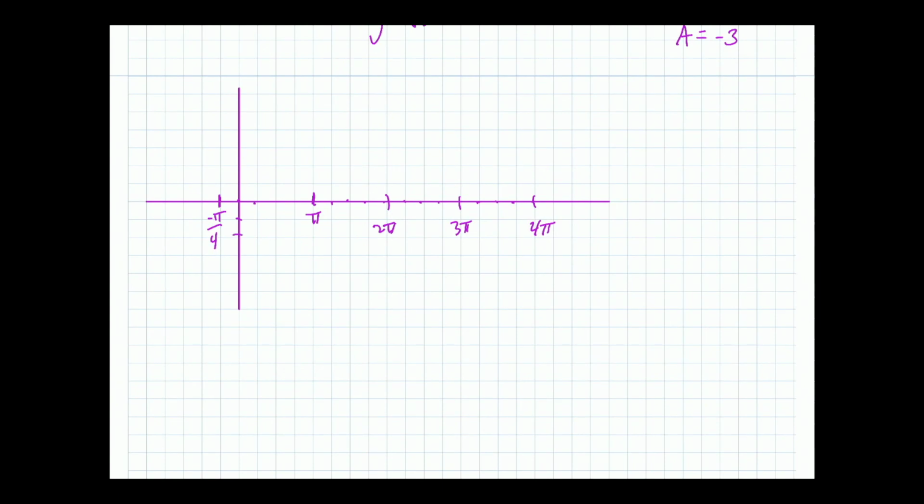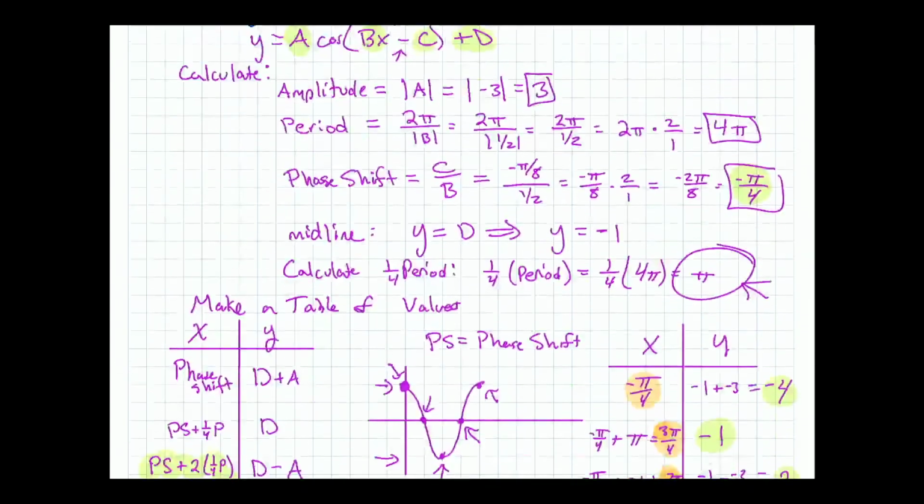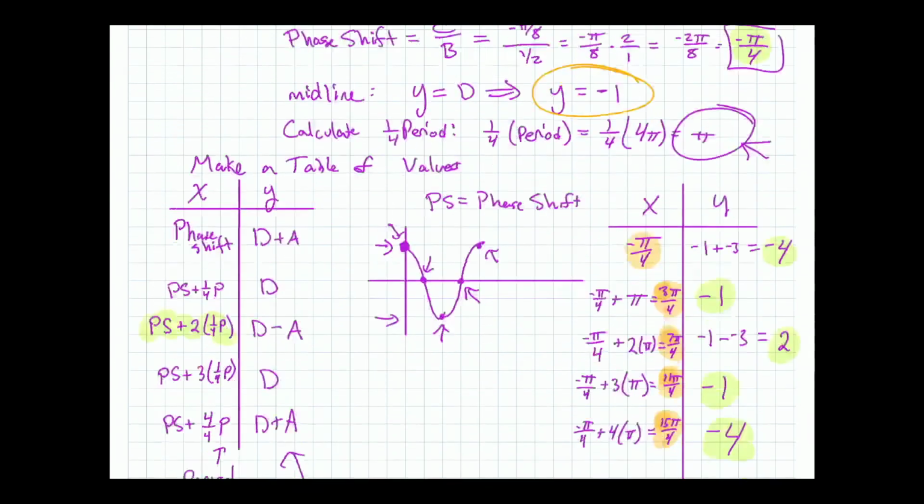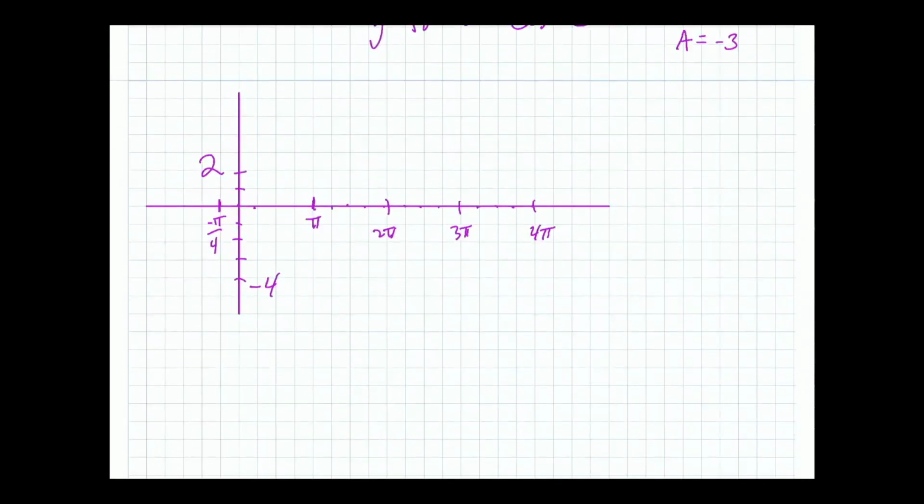So let's go 1, 2, 3, 4, negative 4, 1, 2. It's up to 2. We're there. Okay. So let's put a couple things on here. Let's put our midline. Where's the midline? Negative 1. So let's put y equals negative 1 on here. So here's our midline.